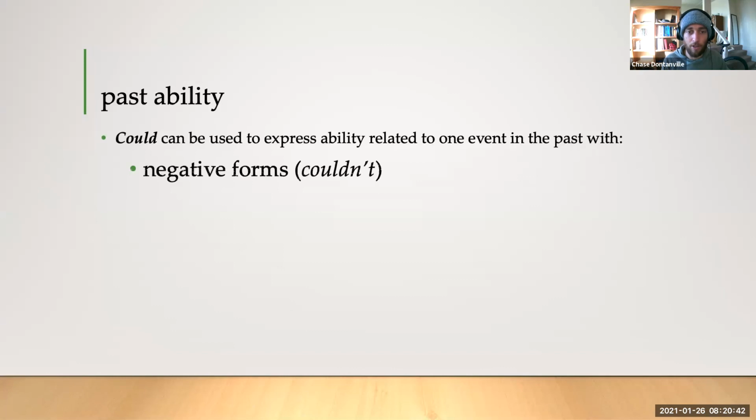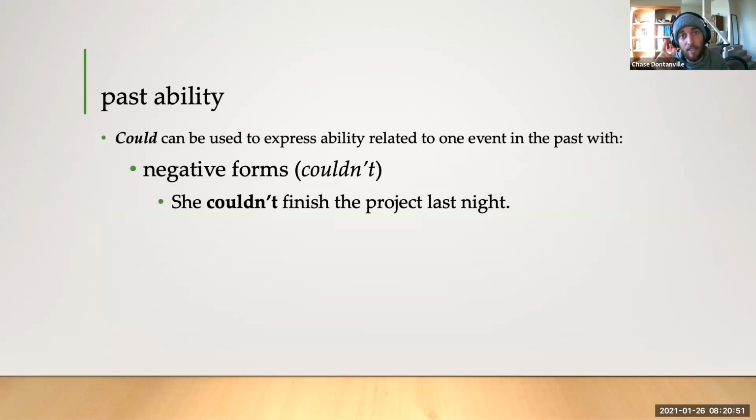You can also use could if it's negative. She couldn't finish the project last night. This is good because it's negative. If it's positive, remember, you have to say she was able to finish the project last night. Okay. But if it's negative, you can use both. You can say she couldn't finish the project or she wasn't able to finish the project.